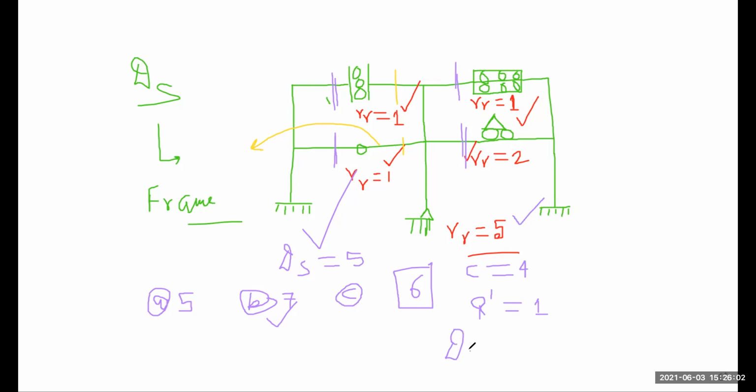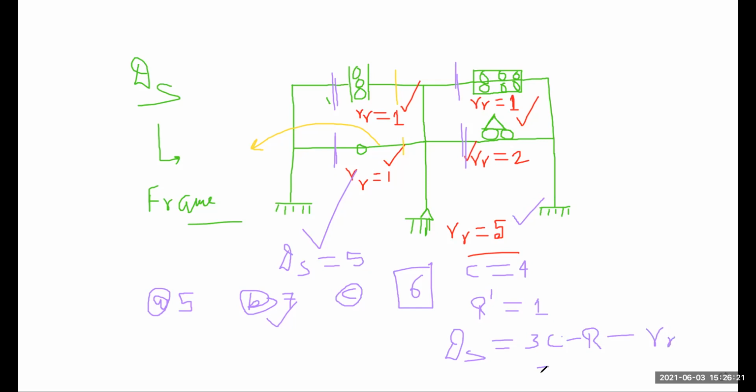DS is equal to 3C minus R dash minus RR, release reaction.